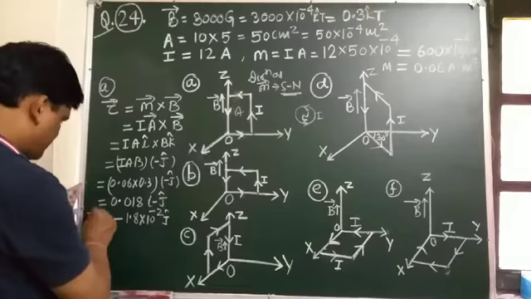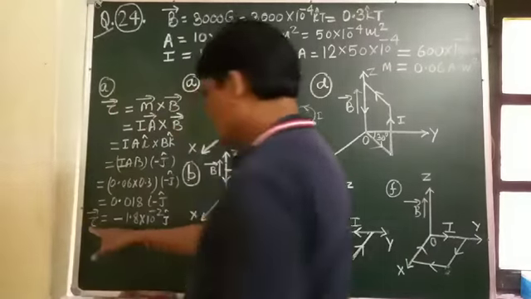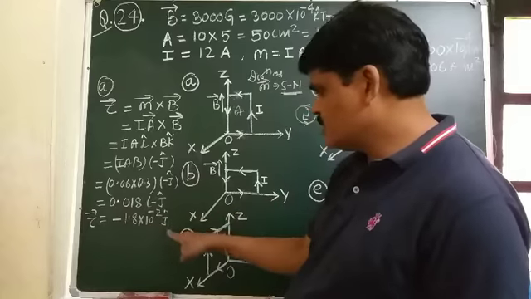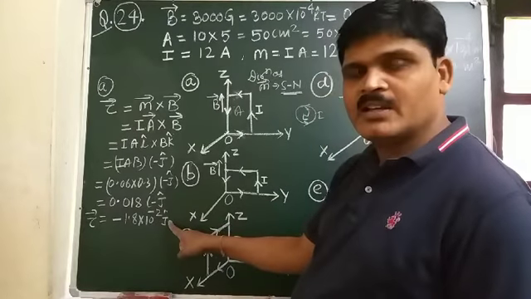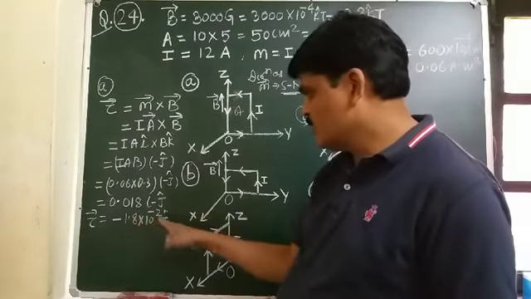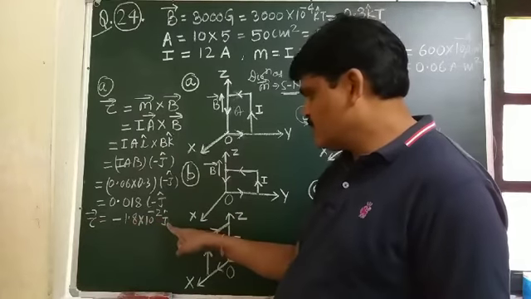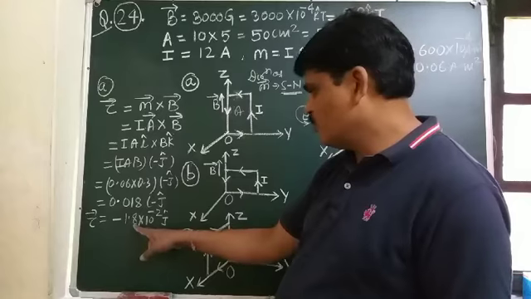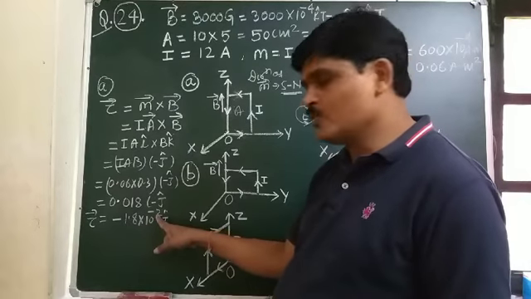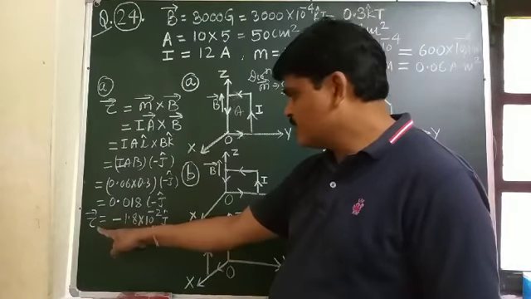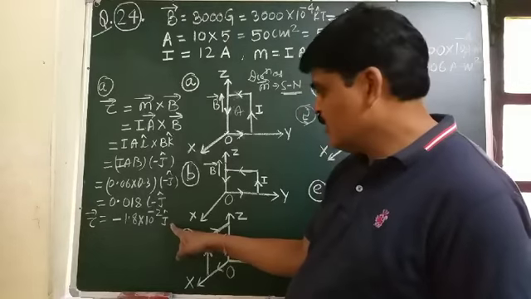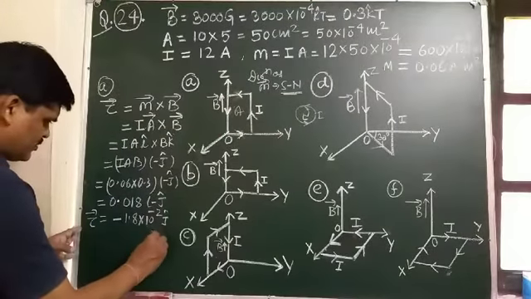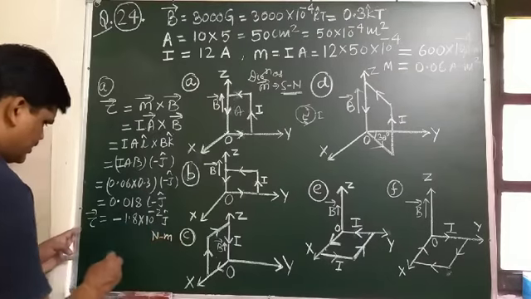So students, see the direction of torque: towards the negative y-axis, because the negative is attached with unit vector j. The magnitude of torque is 1.8 into 10 to the power minus 2, but the direction of torque is towards the negative y-axis, and its SI unit is Newton meter.